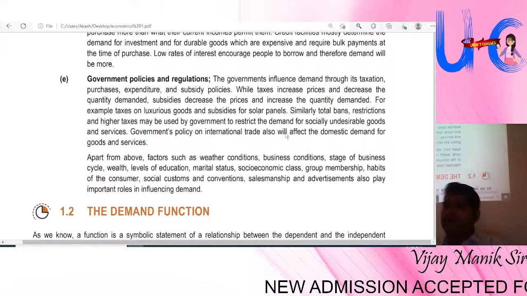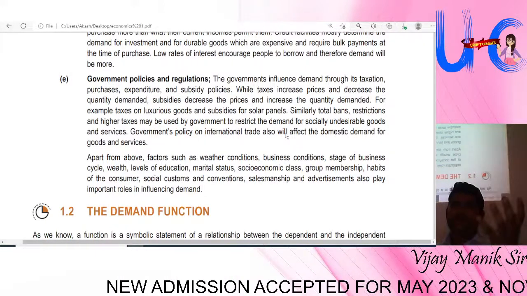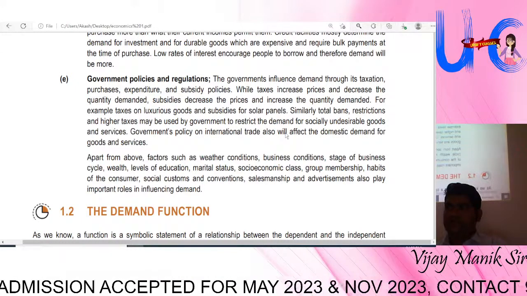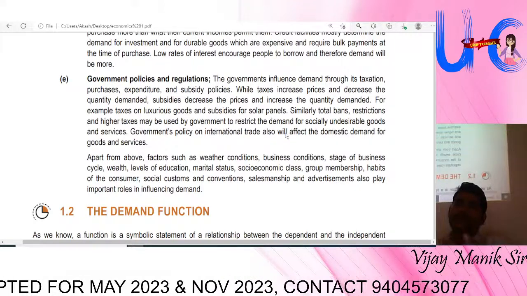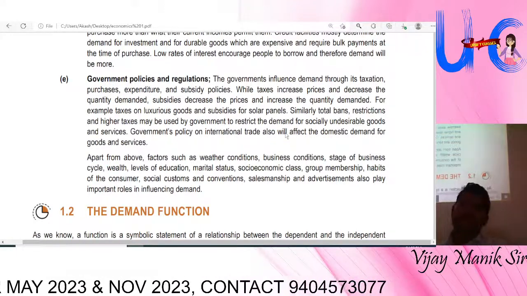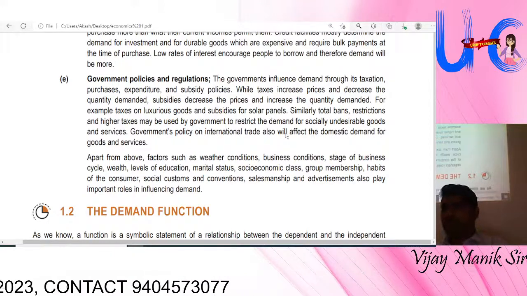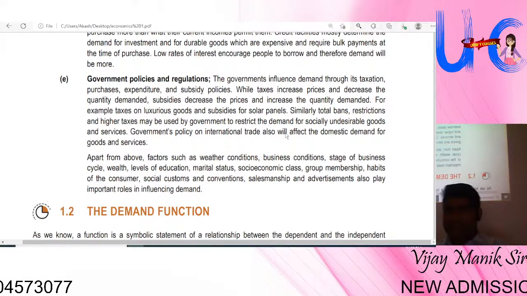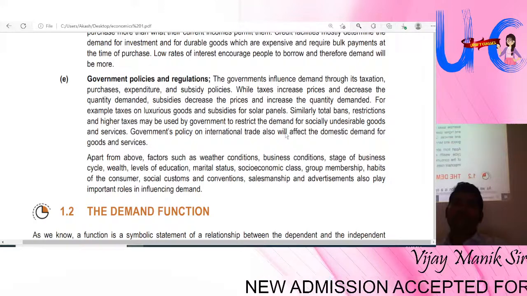For example, someone has to purchase an AC, but the interest rate of that particular loan is high. So will he purchase that AC? No. Suppose the policy is that if you buy an AC, you have to pay more tax.